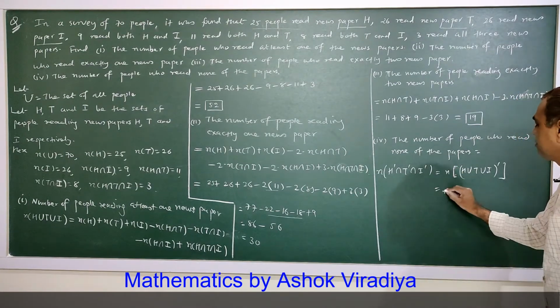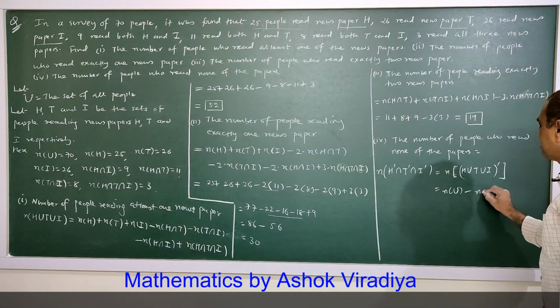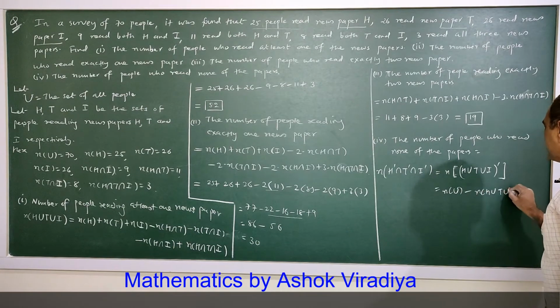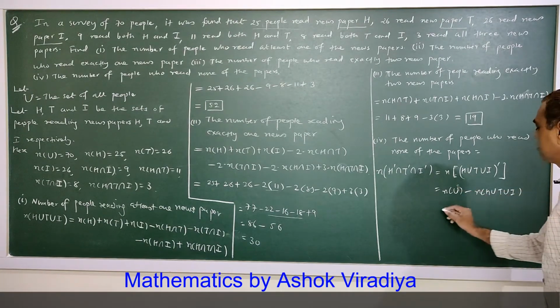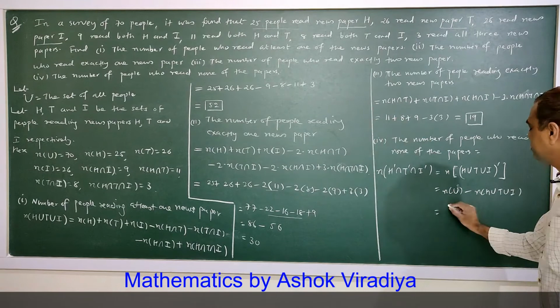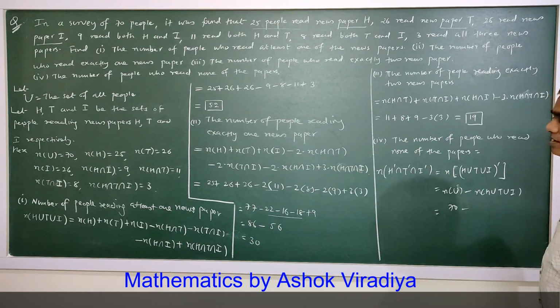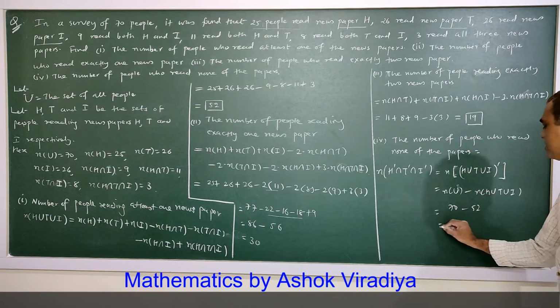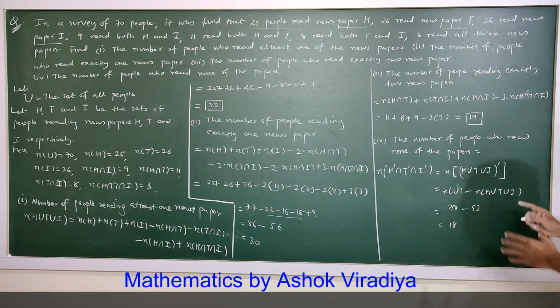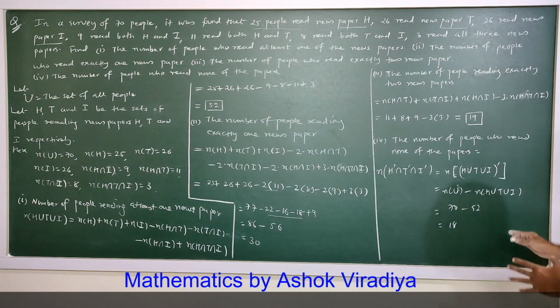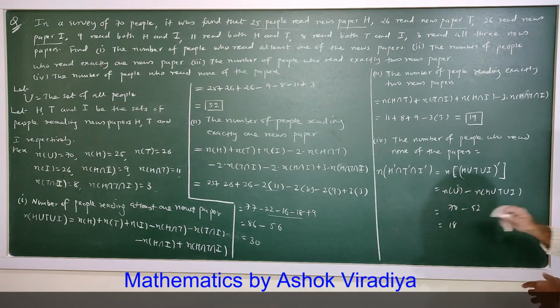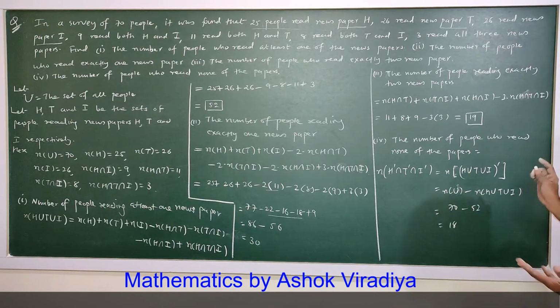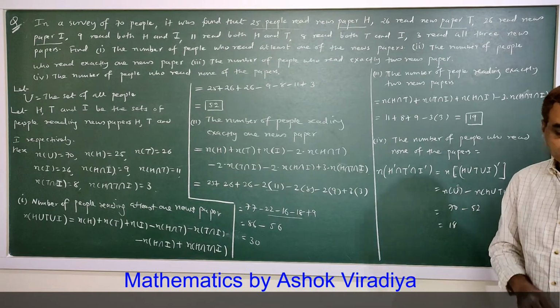And it is the number of elements in U minus the number of elements in the union. Now elements in U is 70 and in the union it is 52. So how much is left? 18. So 18 people read none of the newspapers.